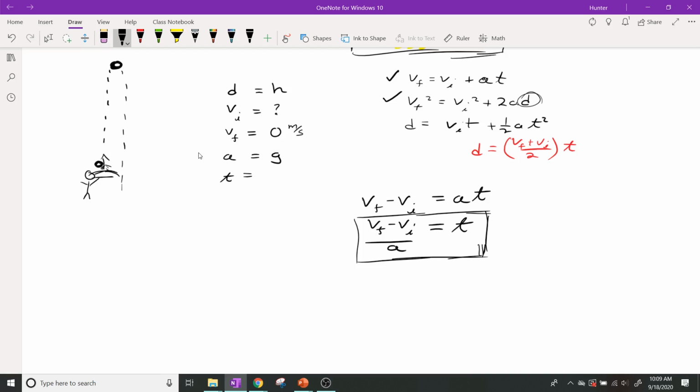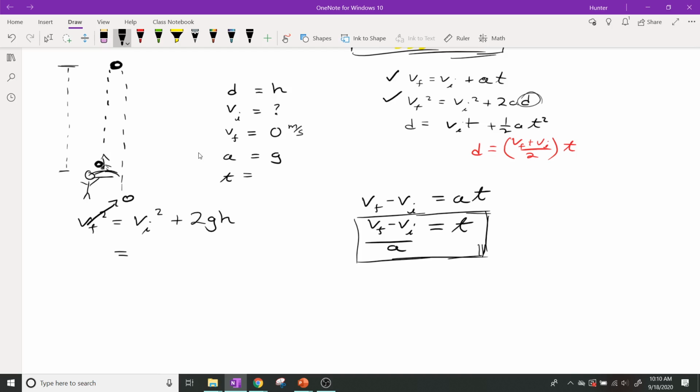So let's try that. If we do VF squared equals VI squared plus 2GH, which notice I just took the A and made it G, and I just took the D and made it H, because this applies to the problem that we've got here. And I want to solve for how high it goes. That means that this is 0.